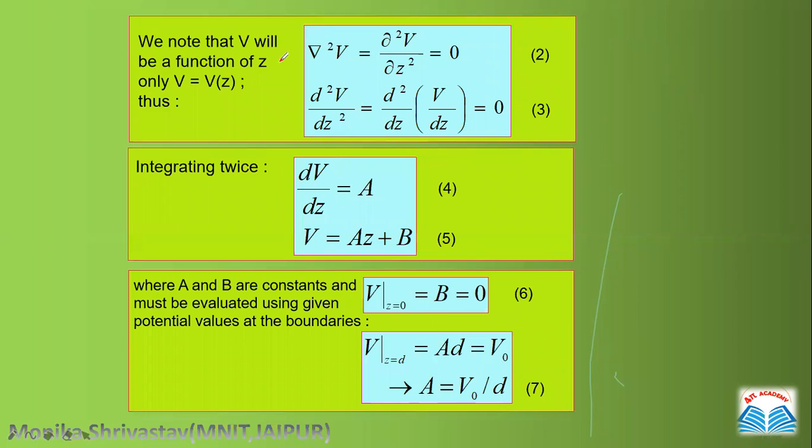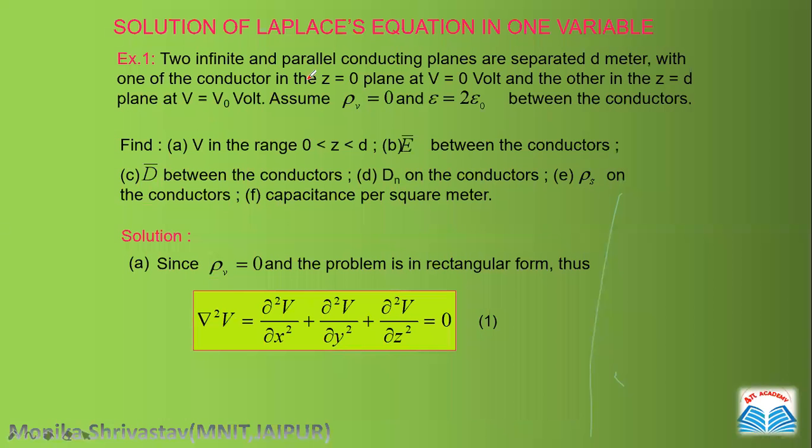Now, we are talking about only the z plane, look at this problem. This z equal to 0 plane, this z equal to d plane. So the potential will also have only z as a function.